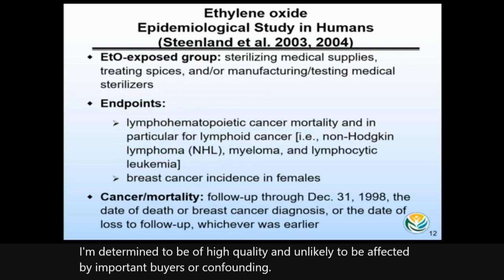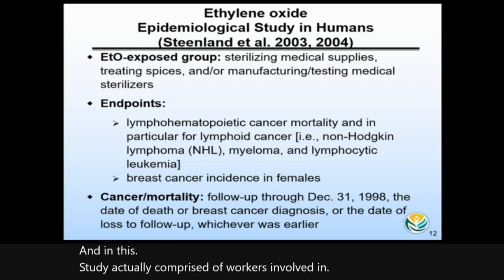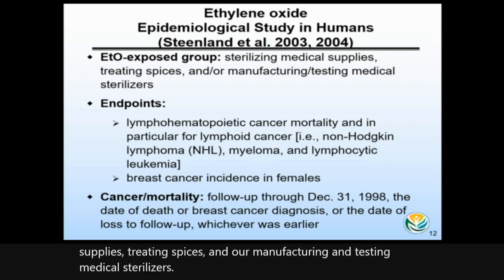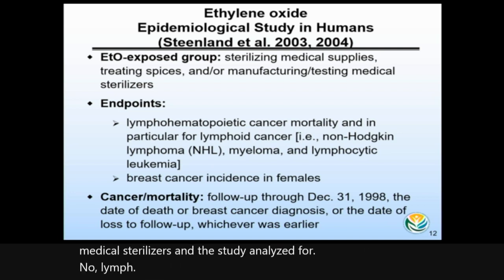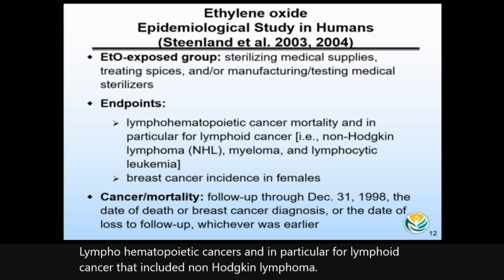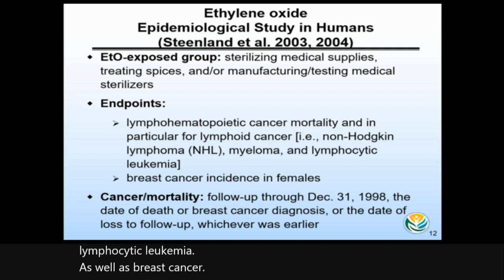This study actually comprised workers involved in sterilizing medical supplies, treating spices, and/or manufacturing and testing medical sterilizers. The study analyzed lymphohematopoietic cancers, and in particular lymphoid cancer that included non-Hodgkin lymphoma, NHL, myeloma, and lymphocytic leukemia, as well as breast cancer incidence in females.